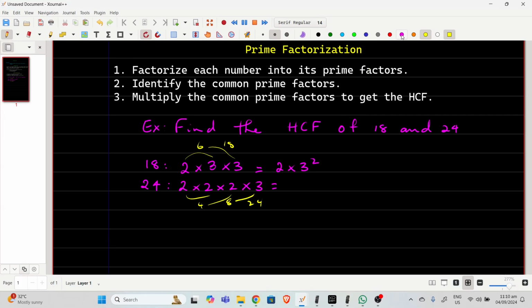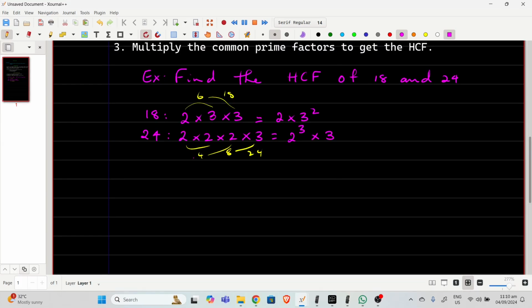So in this one, we are going to have three 2s and one 3. Now right away you're seeing that the common factors are 2 and 3. So we have one 2 in common and one 3 in common. So the common factors are 2 and 3. That means the HCF is equal to 2 to the power of 1 times 3 to the power of 1, which is equal to 6.